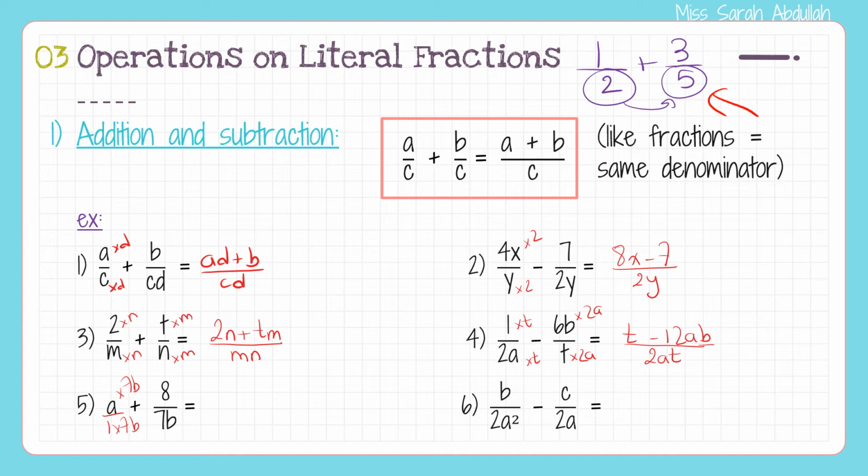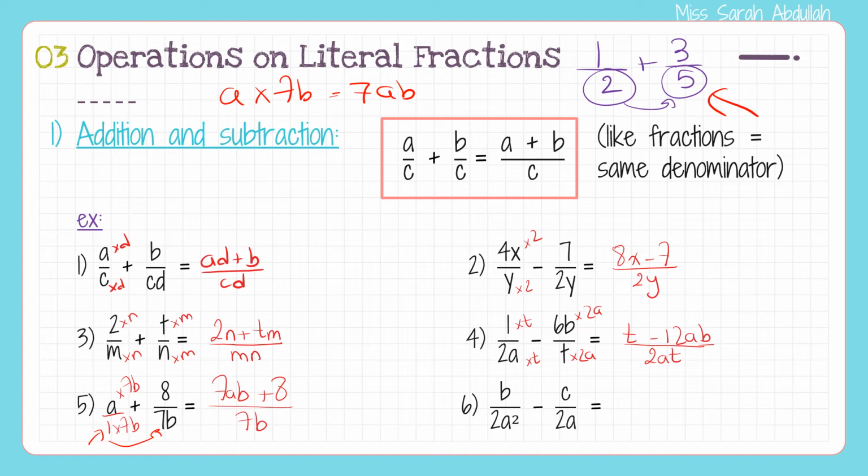I can make the 1 equal to 7b by multiplying it by 7b. And the answer is (7ab plus 8) over 7b. Now, some students ask me why a times 7b is written 7ab and not a7b. Because we always write the number first and then we write the letters.